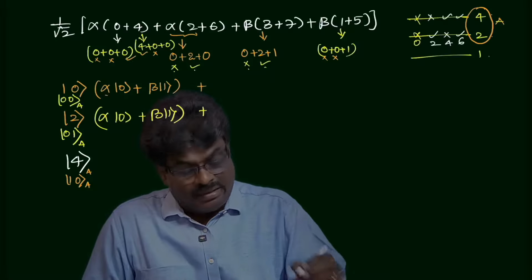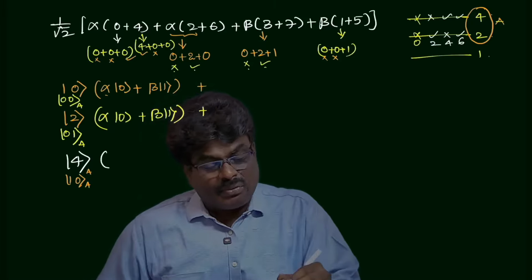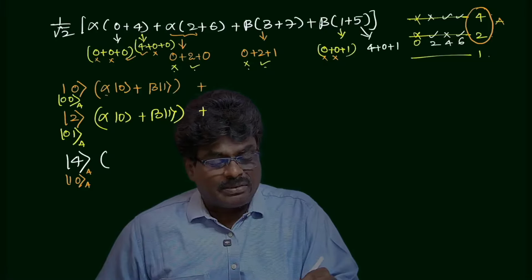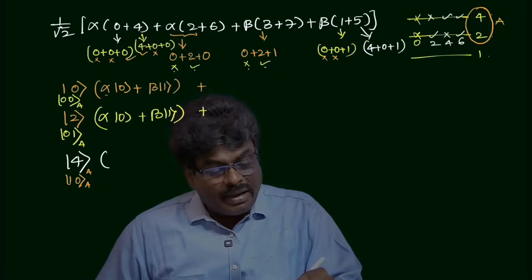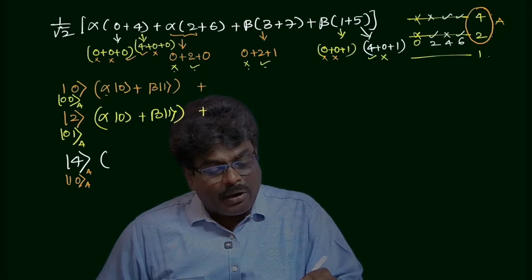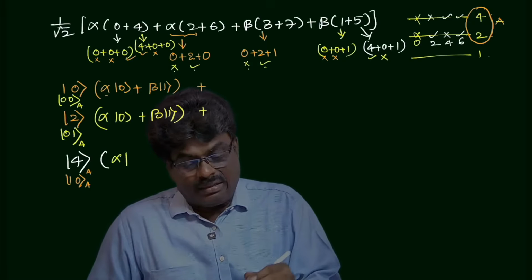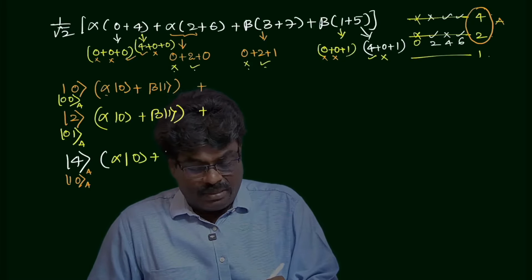Ready. And one more 4 here, 5. So this is 4 plus 0 plus 1. Now here I am separating this on, off, 1 0. So this is alpha 0 plus beta 1.